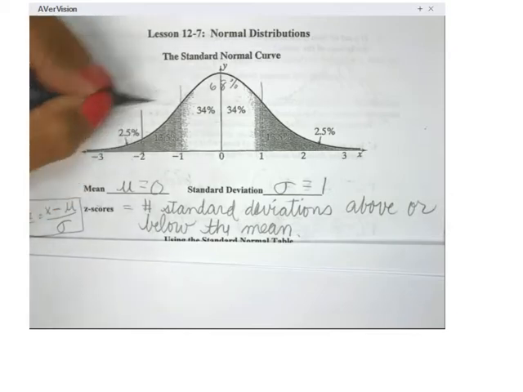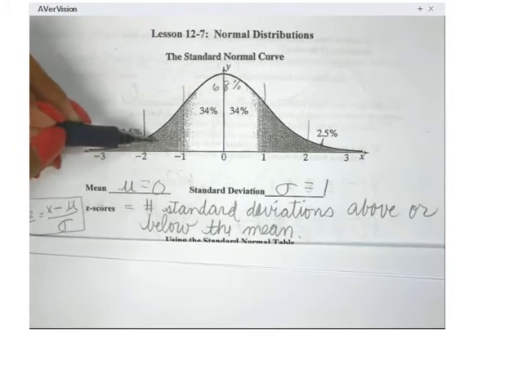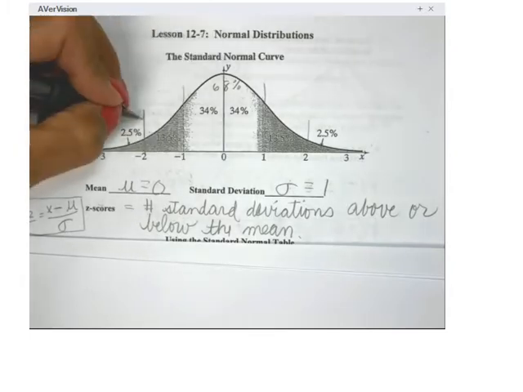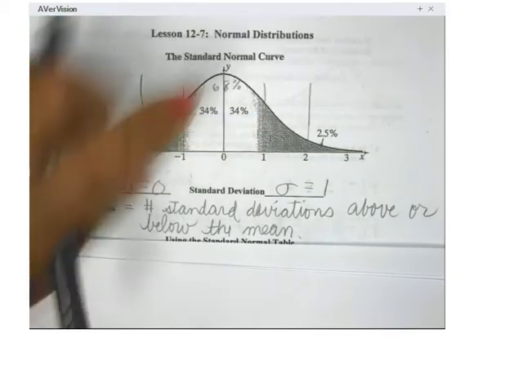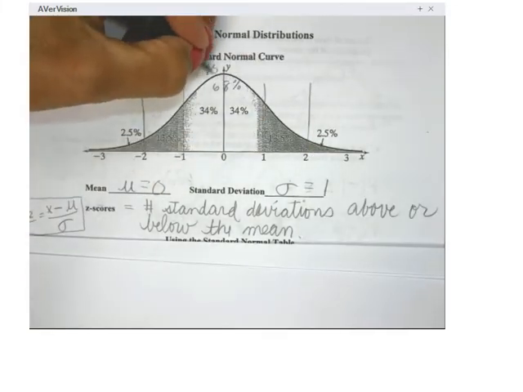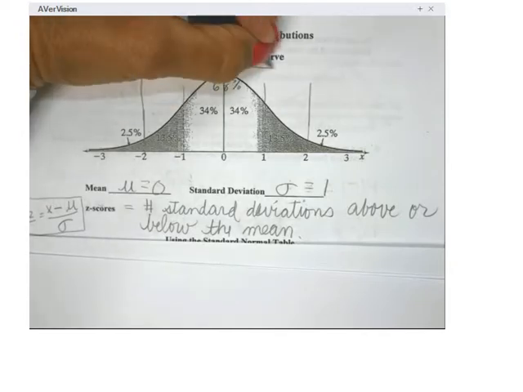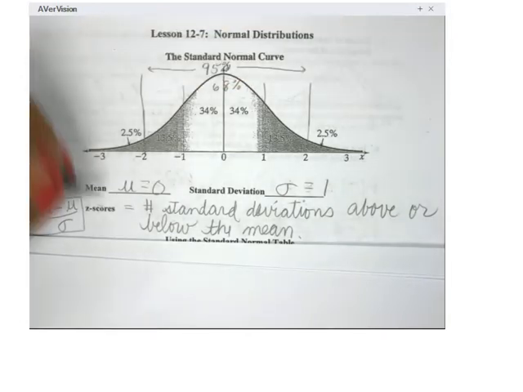If we go out 2, you can't see it very well on this because it's in a shaded region, but this says 13.5% in here. It ends up within 2 standard deviations. So between a score of negative 2 to 2, approximately 95% of our values will be between negative 2 and 2.